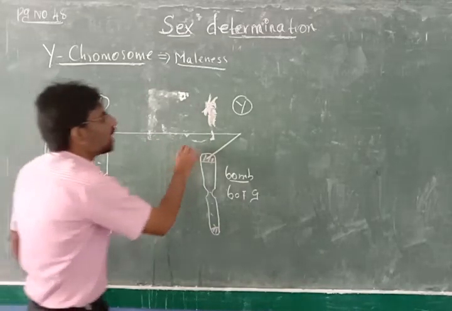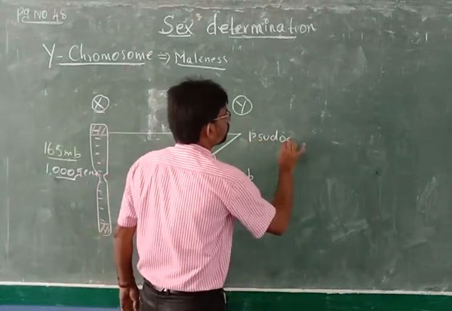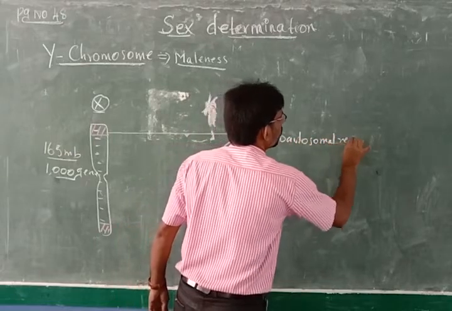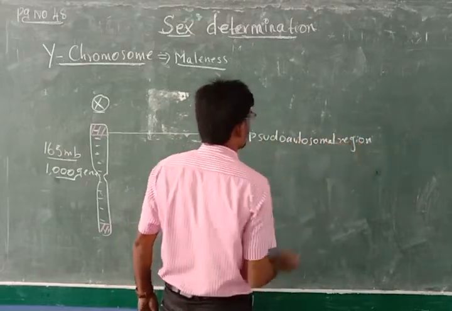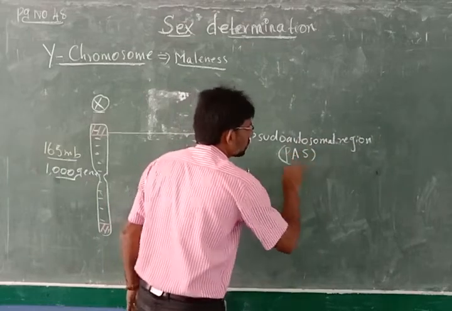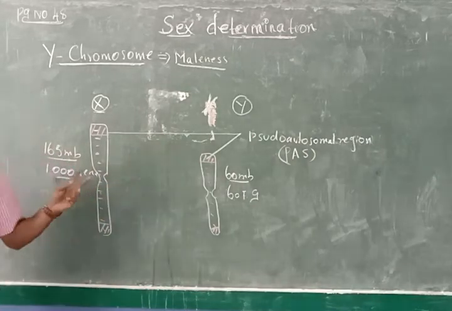So we call this region the pseudoautosomal region, or otherwise called the PAR region. This region is entirely similar in both the chromosomes.